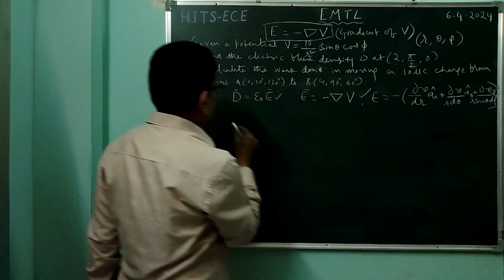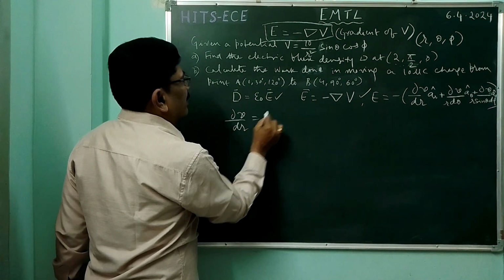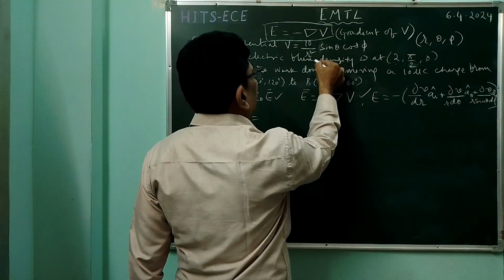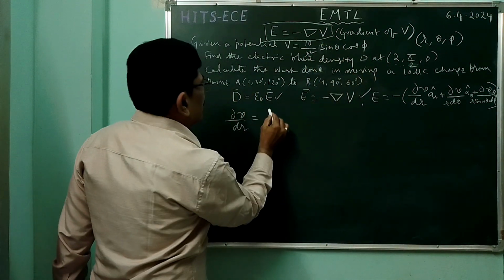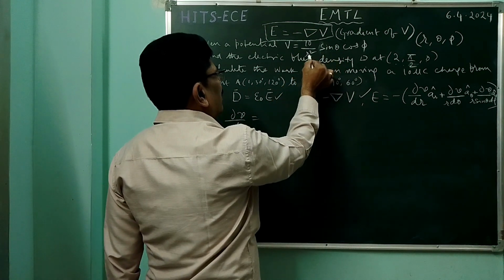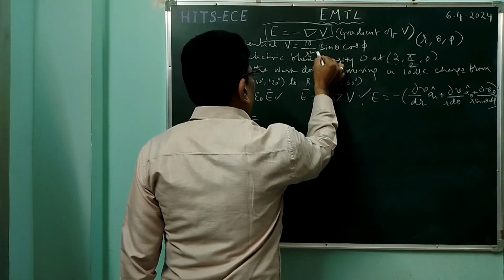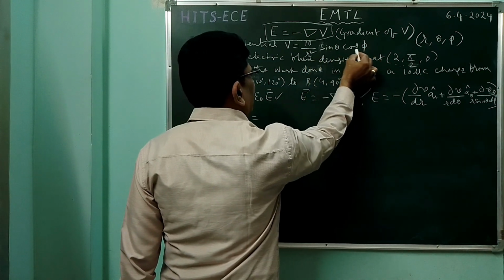Let us find dV by dr of the given expression V is equal to 10 by r square sin theta cos phi. So with respect to r we are differentiating; the constants are sin theta and cos phi.